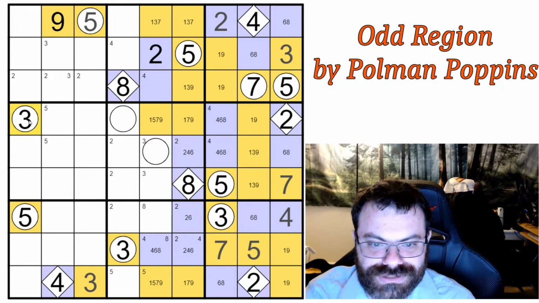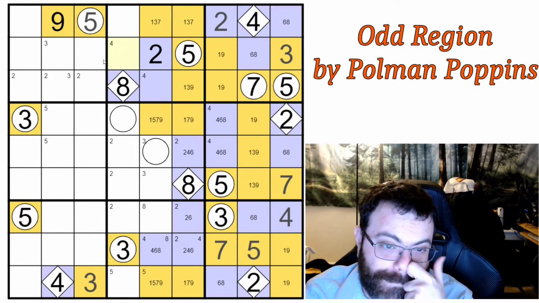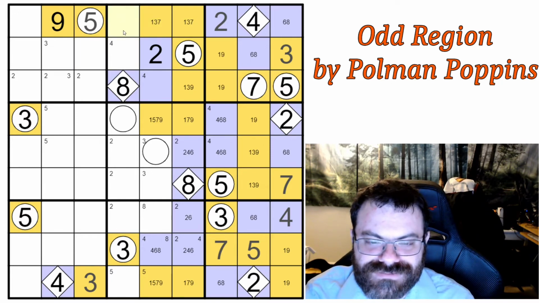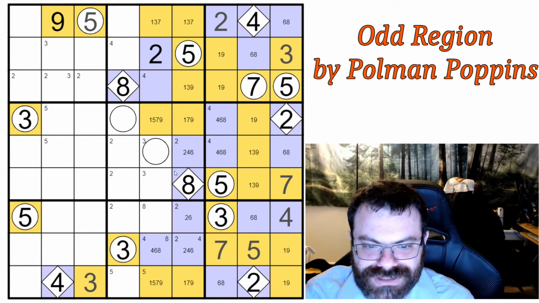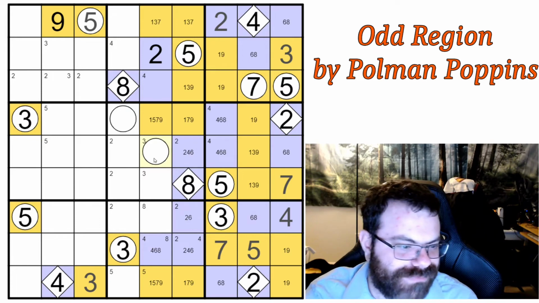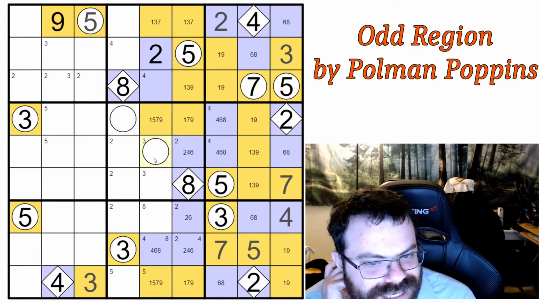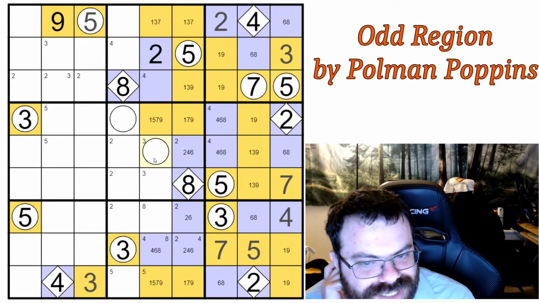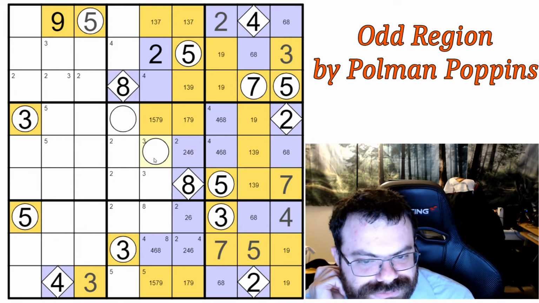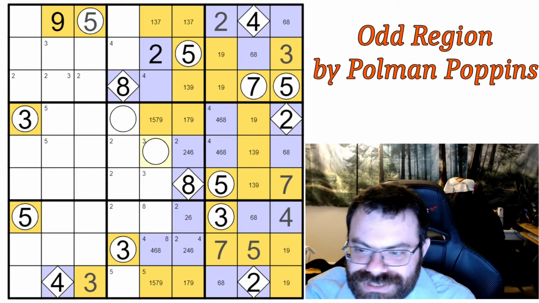The 3 is here. Okay, so we get one more odd up here. I mean, this could still be even. Okay, is there more that I can see here? So if this one were even, that means that it has to be a number where it sees as many as its value, which actually means it can't be here.